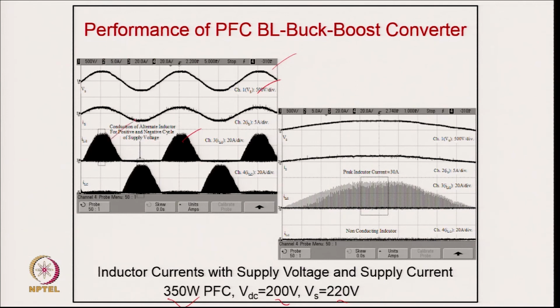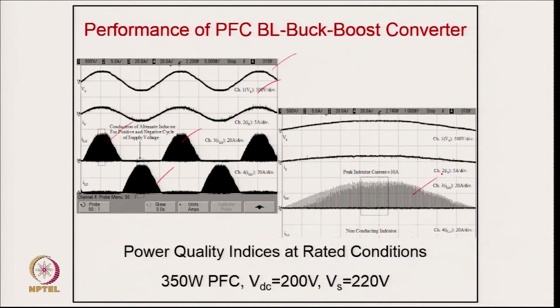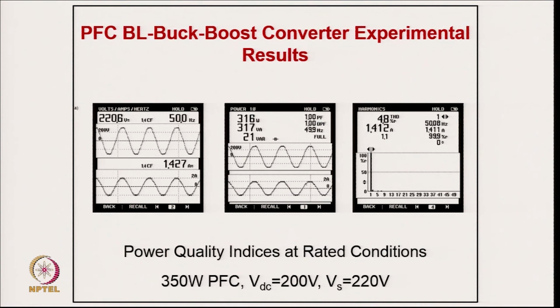The inductor for positive half cycle, the inductor for negative half cycle. As you can see, the current is discontinuous, and these are the typical power quality results. You can see here the THD is 4.8%, and power factor is unity even for 316 watt at an output voltage of 200, corresponding to a typical 350 watt design.